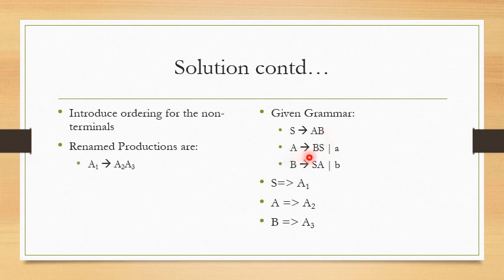A can be BS or small a becomes A2 can be A3 A1 or small a. And B can be SA or small b becomes A3 can be A1 A2 or small b. So this will be the final grammar with which I am going to proceed with the working of GNF.